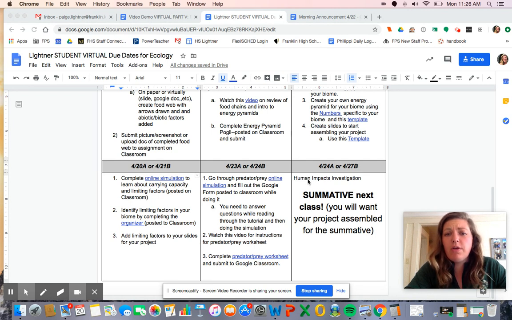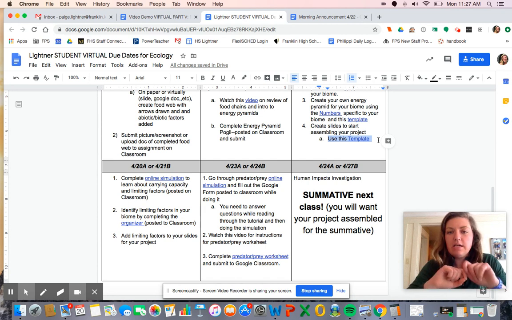Next class, you're going to be working on a human impacts investigation, and you'll see right here in bold, it says summative next class, right? At this point, you're going to want your project assembled for the summative. I rolled out this template for the slides a couple of classes ago, which gives easy organization for all the parts of your project.